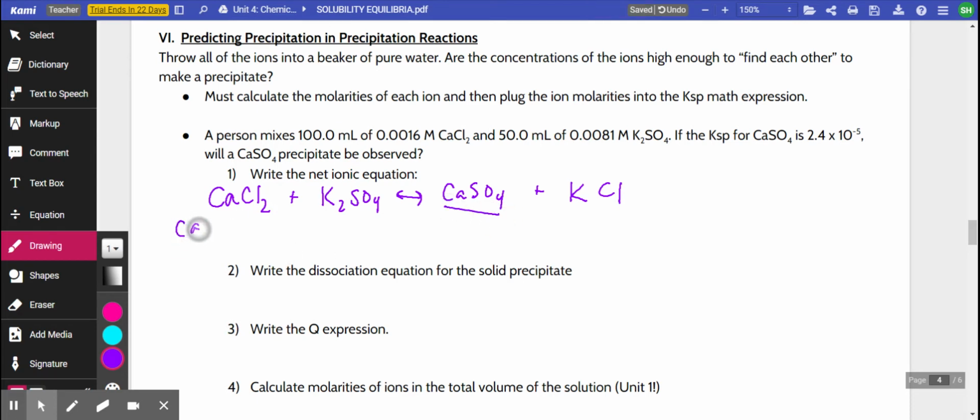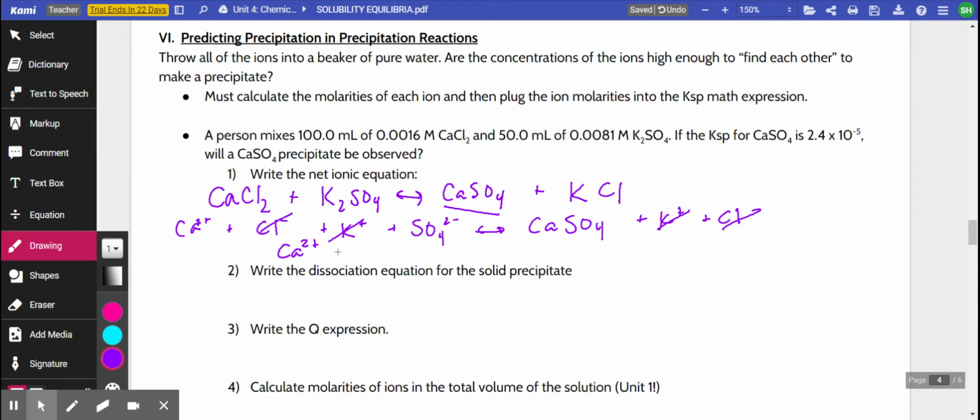We have calcium ions and chloride ions and potassium ions, sulfate ions, and we'll make the solid calcium sulfate and potassium ions and chloride ions. We cross out the spectator ions, which are potassium and chloride. So our overall precipitation reaction is calcium plus sulfate makes calcium sulfate solid.